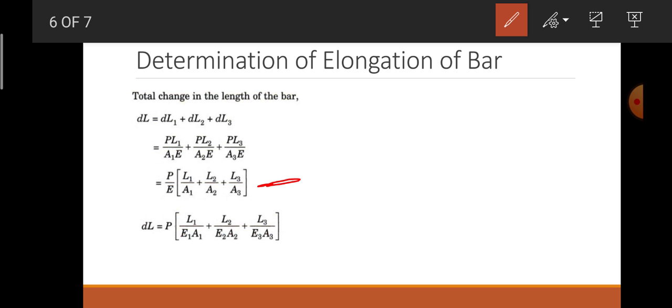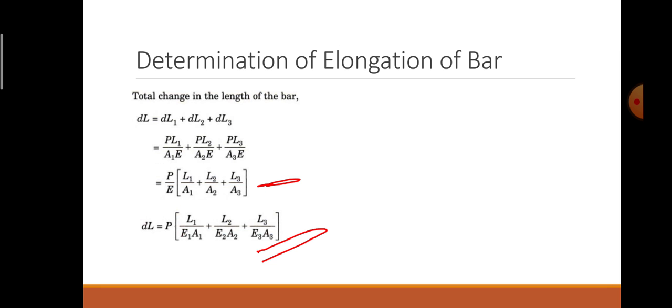In that case we use the formula wherein E is different for the individual sections: P times L1 by A1E1 plus L2 by A2E2 plus L3 by A3E3. So these are all the formulas.